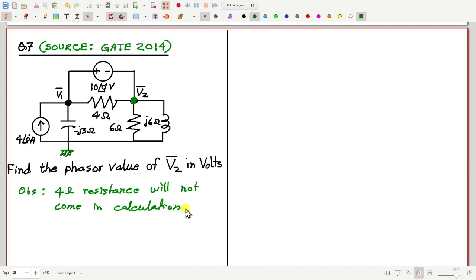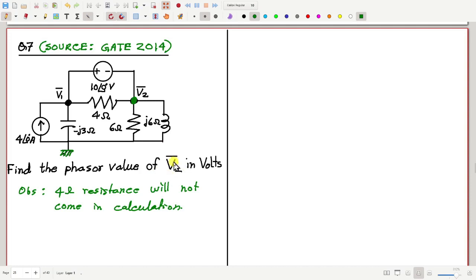Since we have to find only one voltage, let us try to write only one circuit equation in terms of V2, which we can solve to get the value of V2. Try to write some Kirchhoff's law in terms of V2.